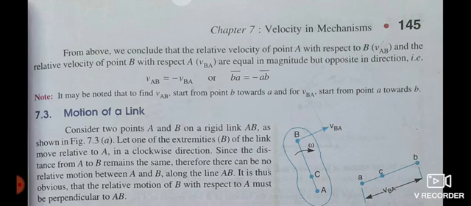It may be noted that to find VAB, start from point B towards A, and for VBA, start from A towards B. Now, next point 7.3, motion of link.